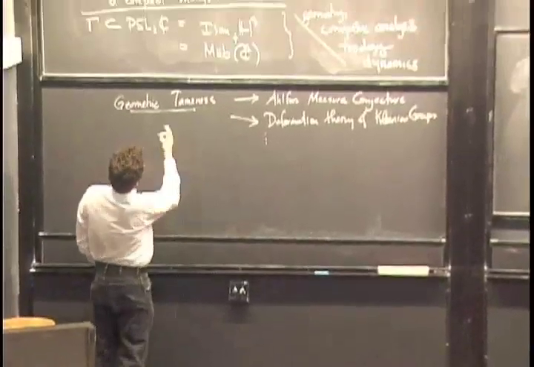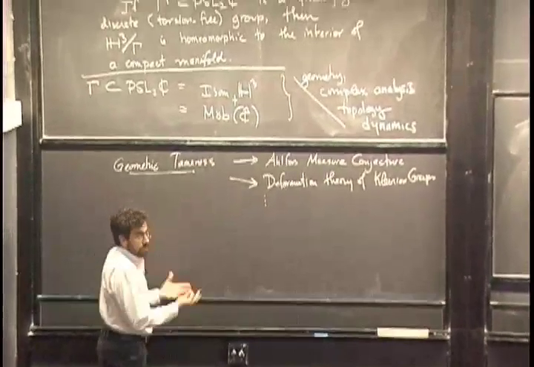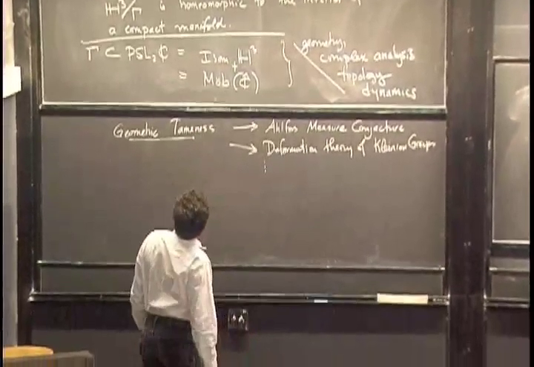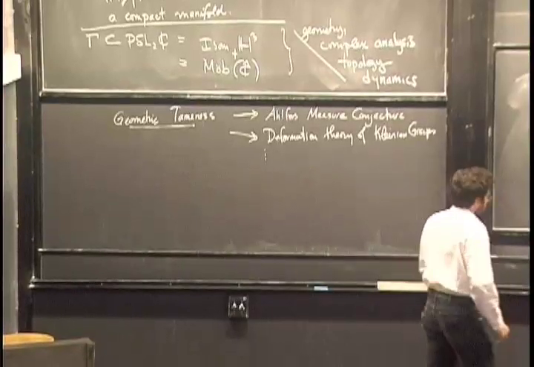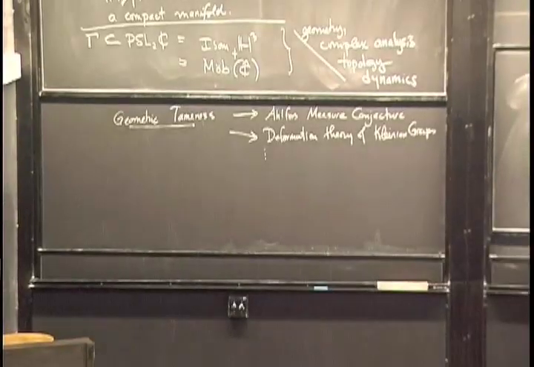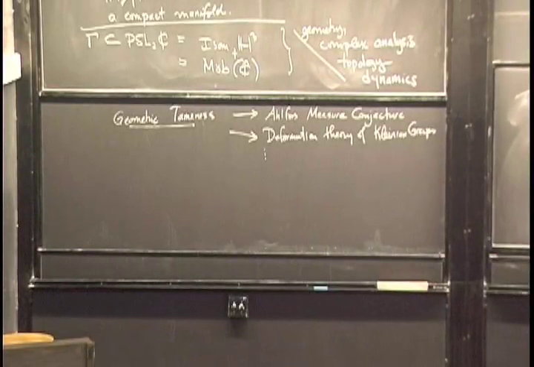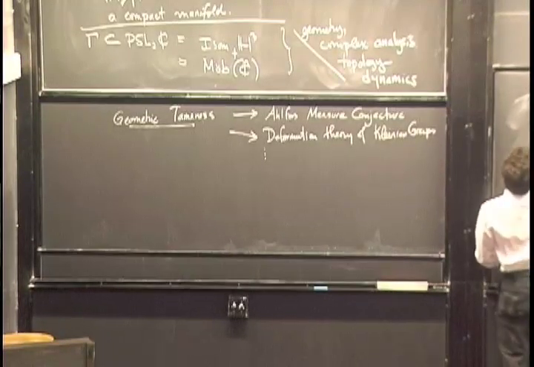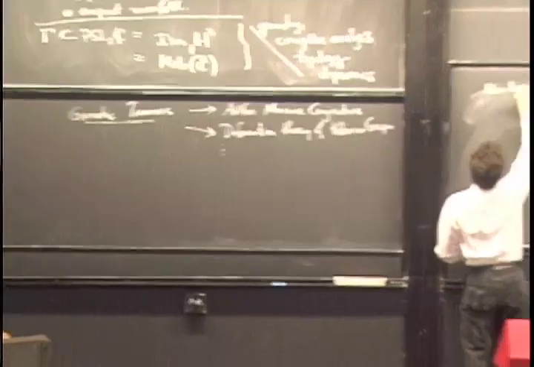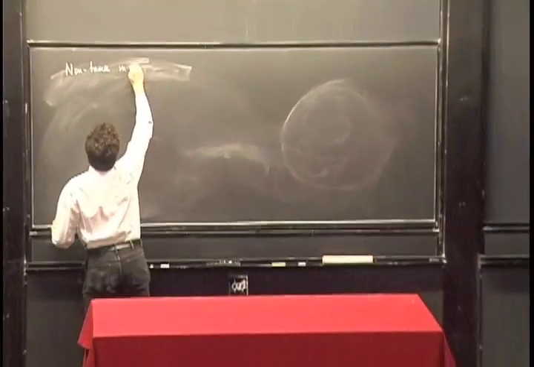So I want to somehow give you a feeling for how this fits together. And it seems to me that before one can really discuss tameness, one really has to talk about the lack of tameness first, so that we know what it is that we are fighting against. So I want to spend a little while making non-tame manifolds, 3 manifolds.